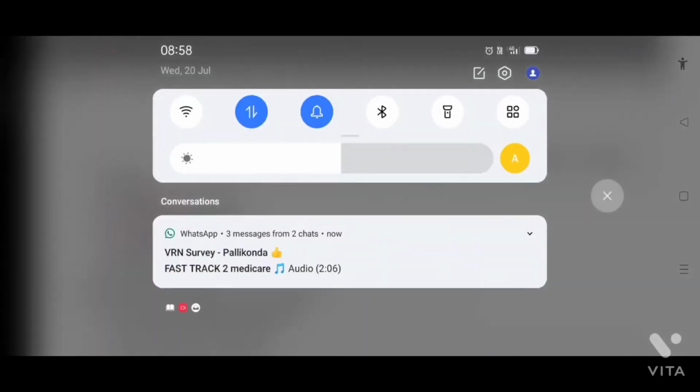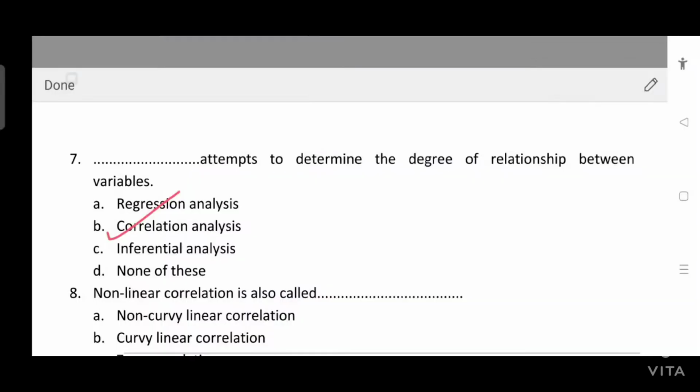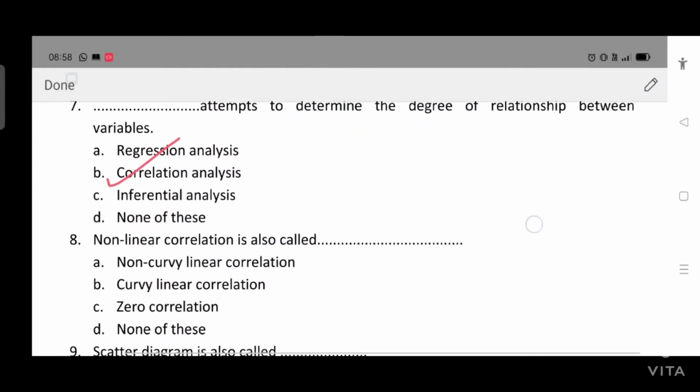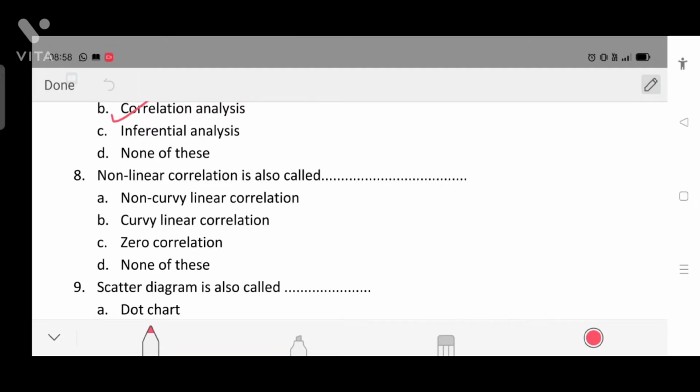Question number 8. Non-linear correlation is also called A, B, C, D. B. Curvilinear correlation.